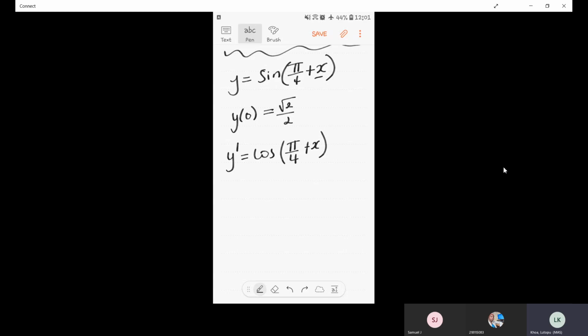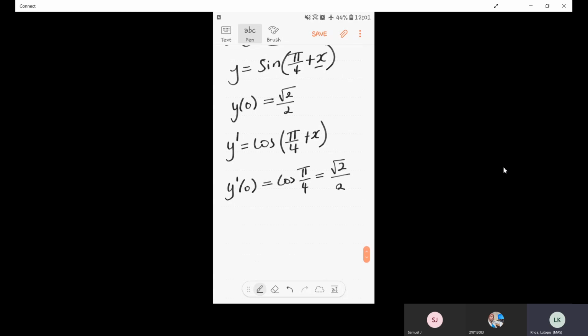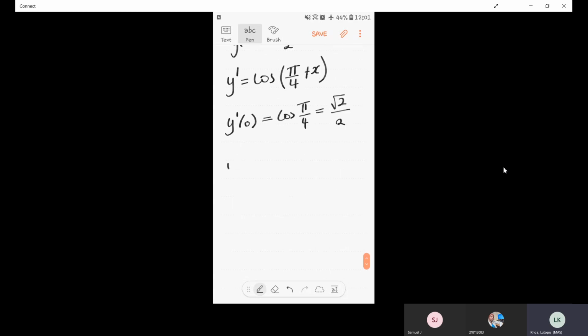Then I substitute 0 into the first derivative. I will end up with cos pi over 4. This is just equal to the square root of 2 over 2. Then I find my second derivative. On the outside I have cos, so the derivative of cos is minus sine. The inside must stay the way it is.